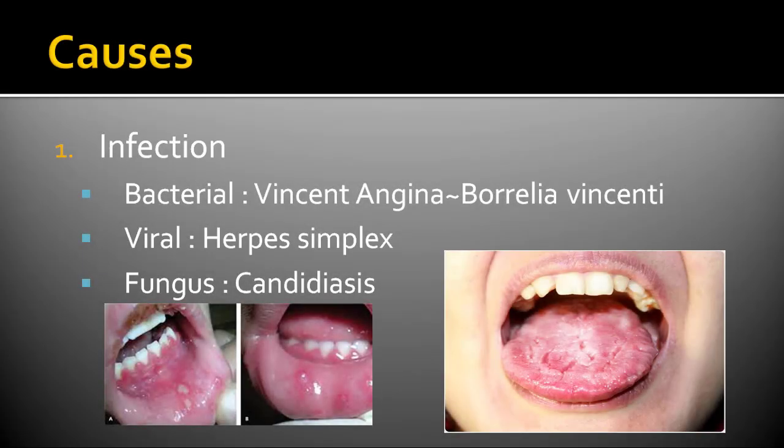Coming to the causes of oral ulcers, the most common cause is infection, which include bacterial infections like Borrelia vincenti causing Vincent angina, viral infection which include herpes simplex, and fungal infection like candidiasis.